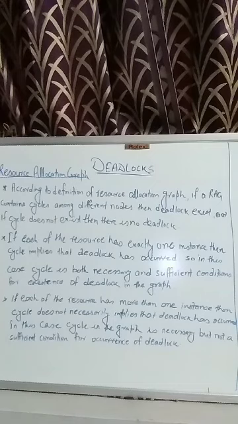So in this case, a cycle is both a necessary and sufficient condition for existence of deadlock in the graph. Whereas if each resource has more than one instance, then a cycle does not necessarily imply that deadlock has occurred. In this case, a cycle in the graph is necessary but not a sufficient condition for occurrence of deadlock.